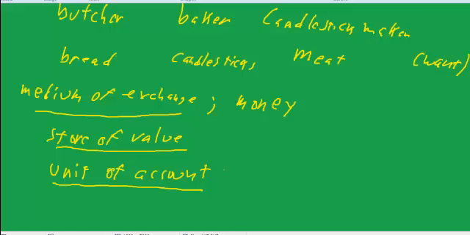And when we're talking about inflation, we're observing what happens to the unit of account. That is, if the price level doubles, then all the units of account have sort of changed. But you could imagine a world in which the dollar price of meat, candlesticks, and bread all goes up by the same amount, so that the relative prices, the cost of meat in terms of candlesticks or meat in terms of bread, stay the same, but their price in terms of dollars all goes up.